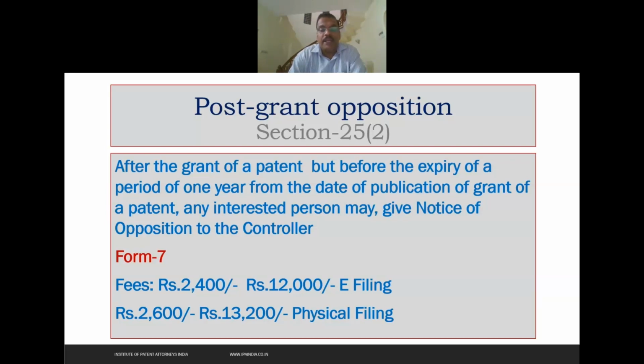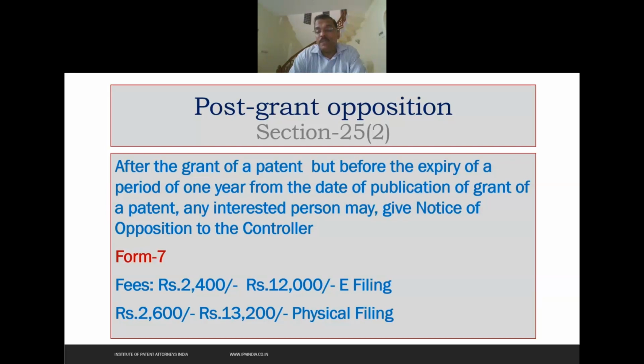The previous one was before grant, that is why it is known as pre-grant opposition. Now subsection 2 says after grant you have 1 year from the date of publication of grant of a patent.